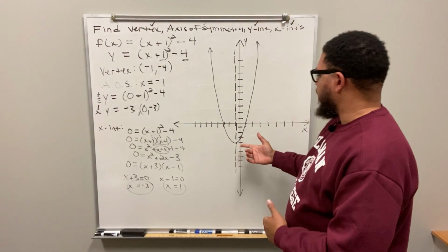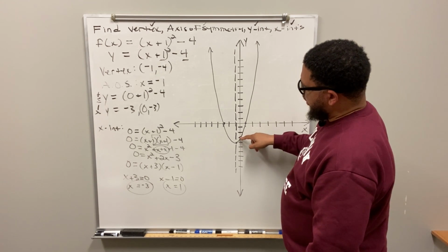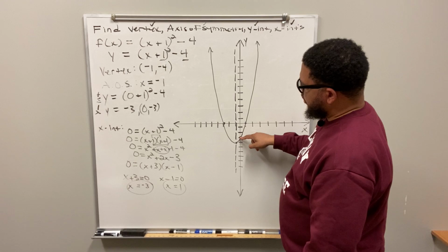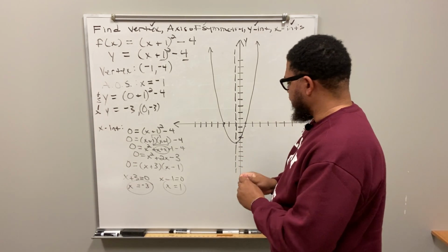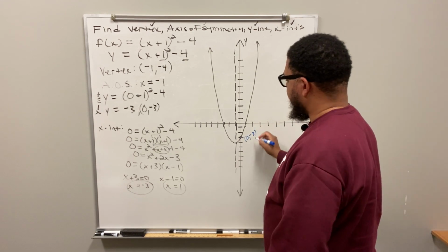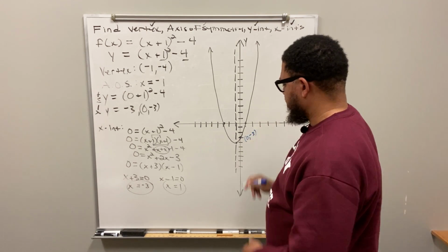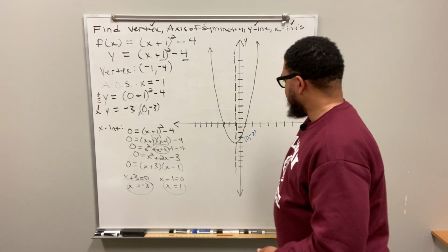I mean, peep the graph. At this point right here, this is the y-intercept. This point right here, what's the value of x? X is 0. If you write the coordinates of it, it is 0, -3. That's the y, that's the x, see? I told you. Y-intercept: value of y when x is 0.